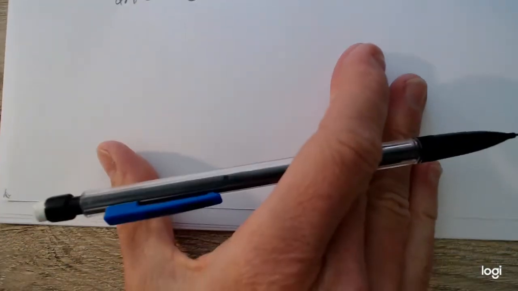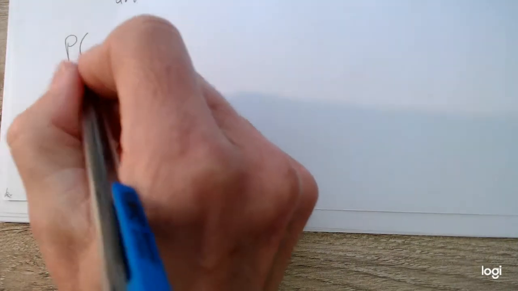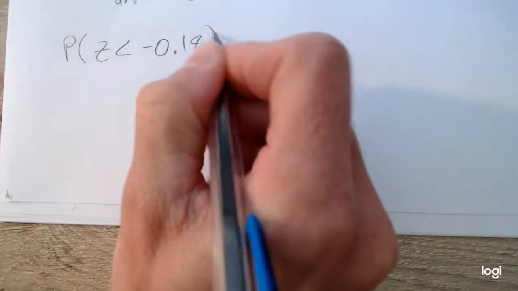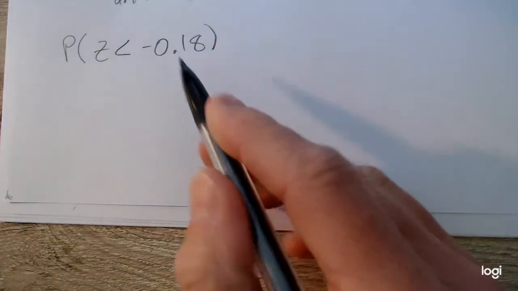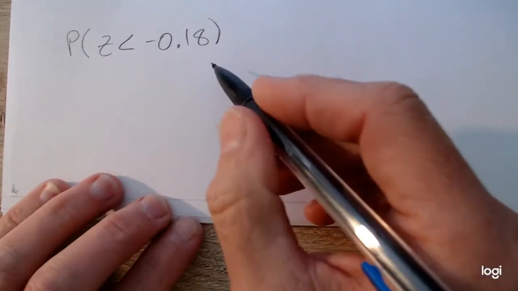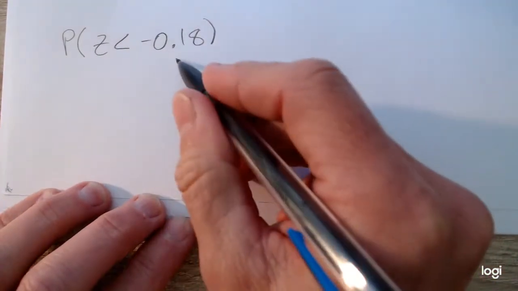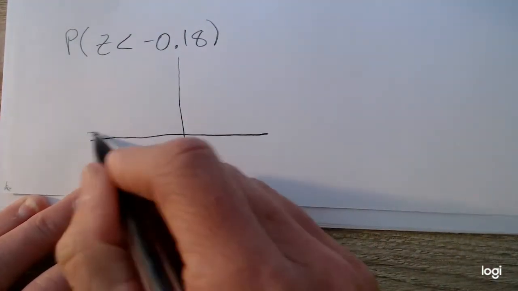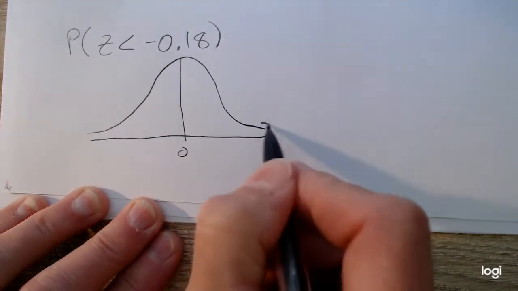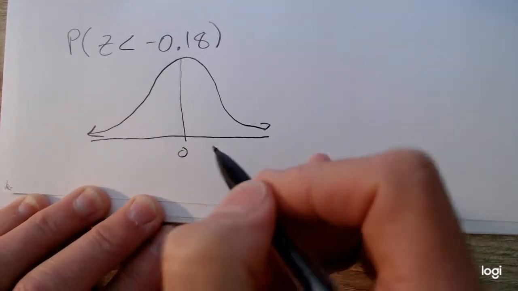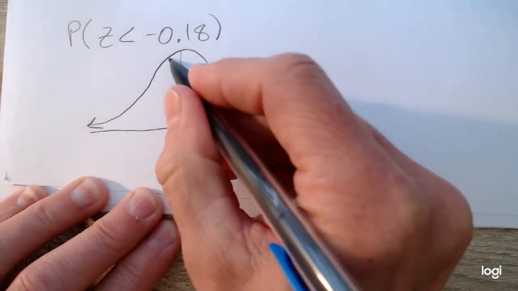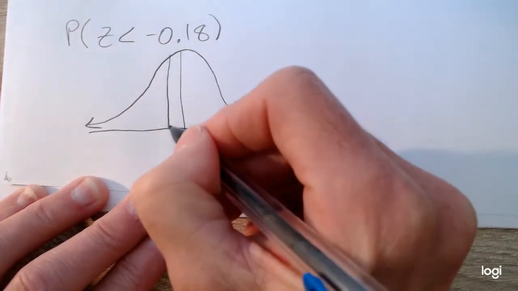Okay, let's do one more. Let's find the probability that z is less than negative 0.18. So again, I'm given a negative z-score, so that z-score will be placed below 0. And that's a terrible bell curve, my apologies, but it's somewhat close to 0. So I'll put it about here.